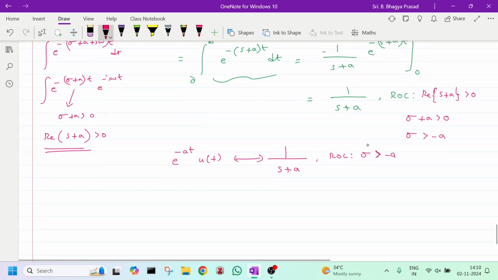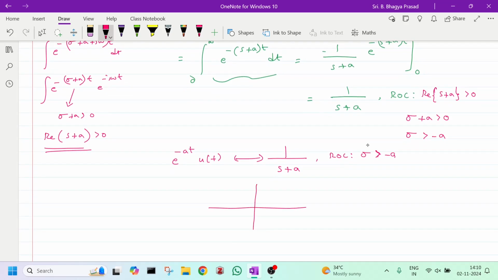So in the s plane, if you take this, this is minus a, this is the pole. The ROC will be sigma greater than minus a, that is, the right side of the straight line. So here the ROC is a strip: the right side of this pole, that is, minus a.